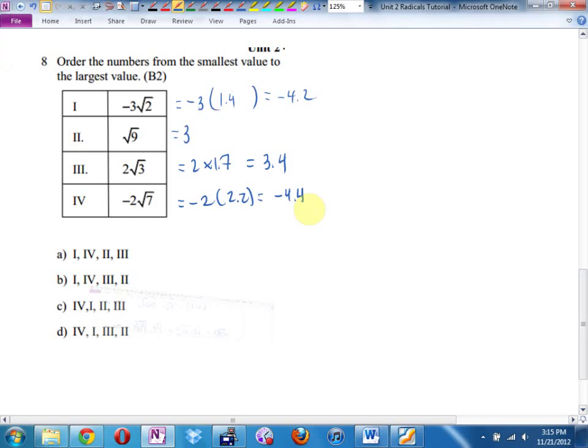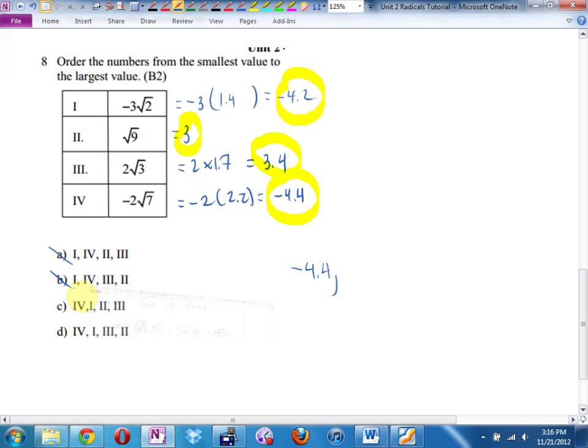Okay, so out of this number, this number, this number, and this number, which of those is the smallest number? Which of these is the next smallest number?